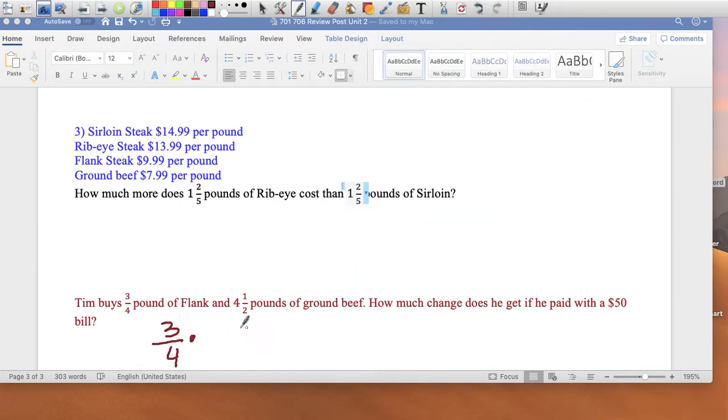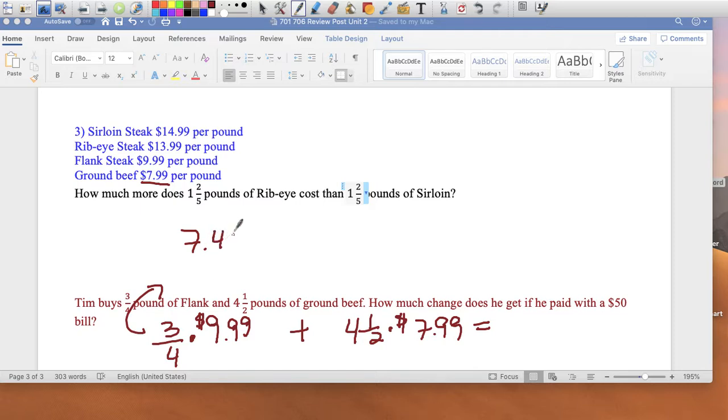3/4 of means multiplication. Flank, how much is flank? $9.99. So times $9.99 plus 4.5. Where are we buying ground beef? How much is the ground beef? $7.99 times 7.99. Let's find out how much it is. So 3/4 times 9.99. This is going to give us, I'll put it over here, 7.4925.